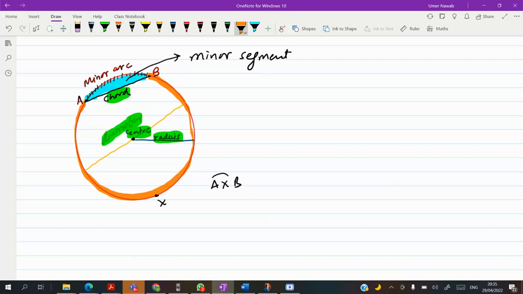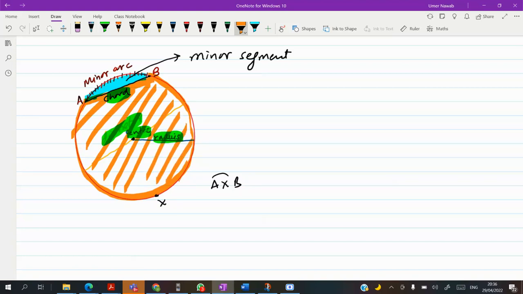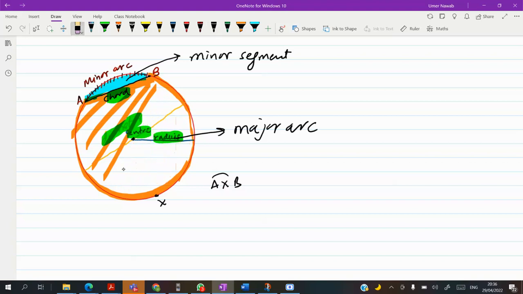The area enclosed between the major arc and the chord, I'm talking about this area, is called the major segment. So I hope you understand what is the minor segment and what is the major segment.